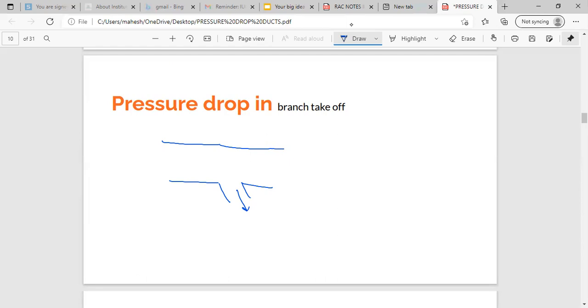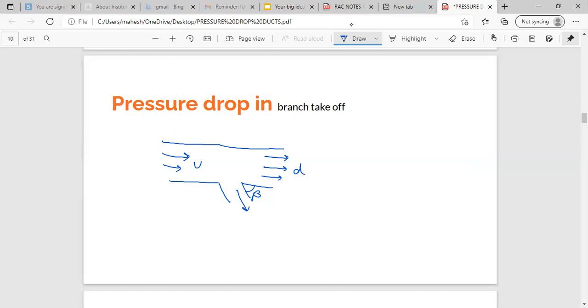Let us say that this branch is at an angle of beta. Let us say this upstream velocity is u, and this downstream velocity is d, and this is called a branch takeoff.